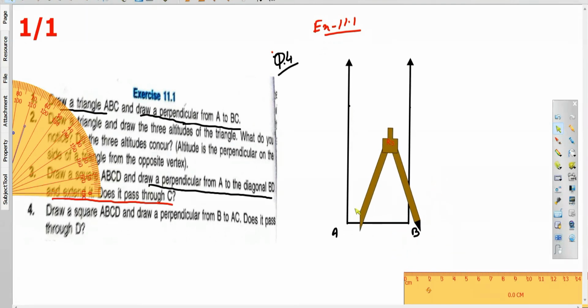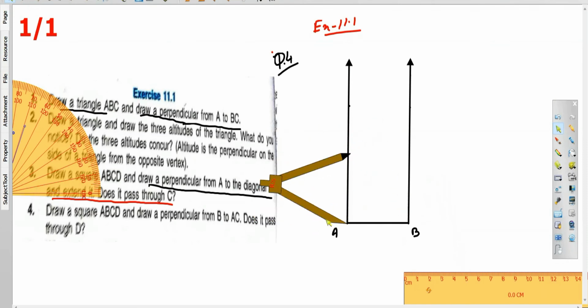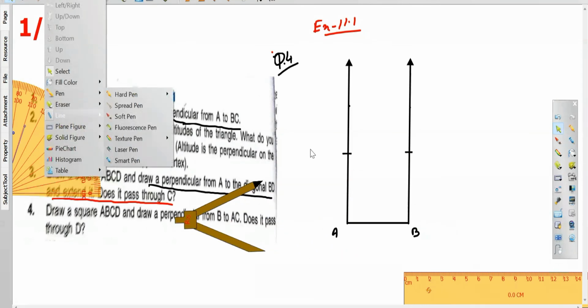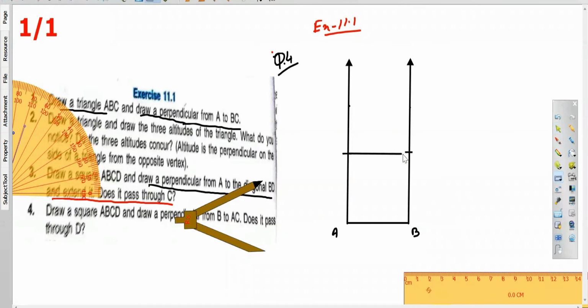This is the 5 centimeter arc measurement. With point A as center, we'll cut the arc in order to obtain D, and with point B as center also, we'll cut the arc. Now we'll join it. This is the required ABCD square. This was the first part of the question.